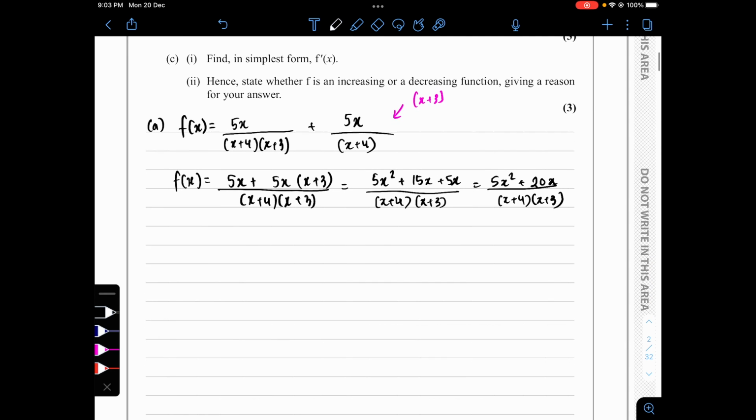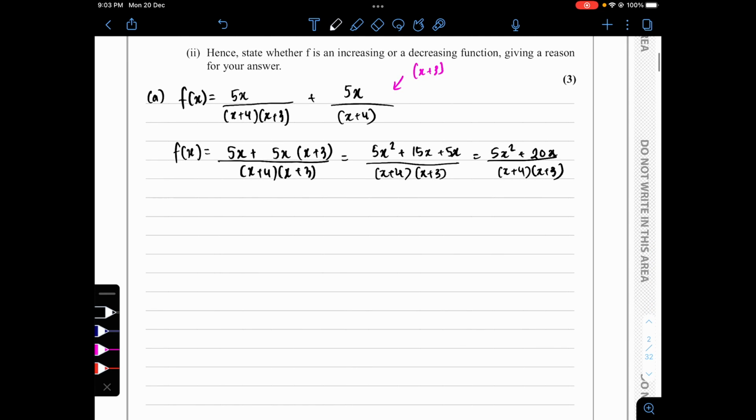And then we can simplify this by taking 5x as a common factor: 5x times x plus 4, over x plus 4, x plus 3. You can see here we can cancel out x plus 4 and x plus 4. So we're left with f of x equal to 5x over x plus 3.